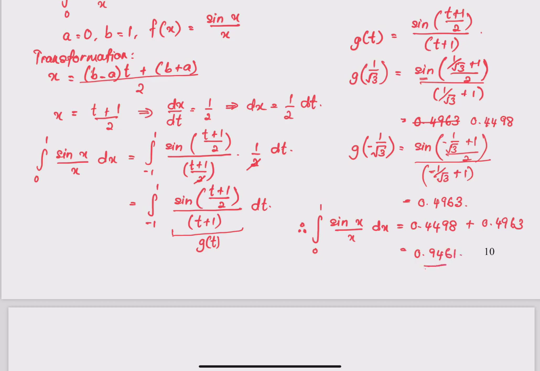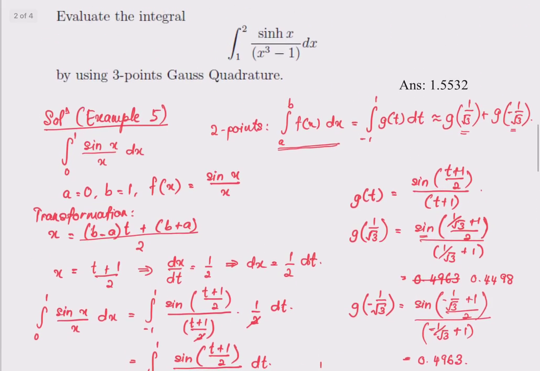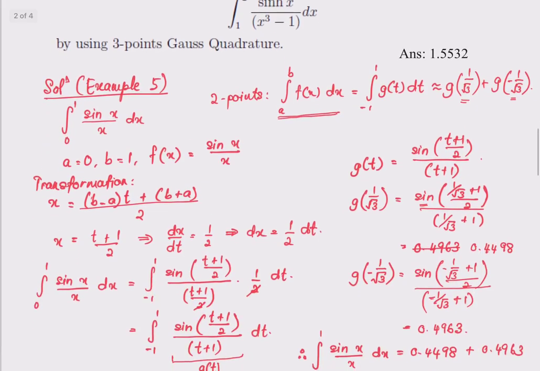This is the value that you will get by using the 2-point Gauss quadrature formula. So this is the solution for example 5.